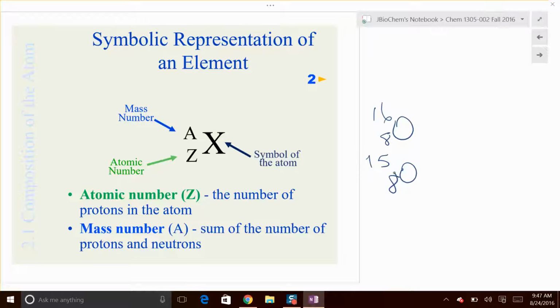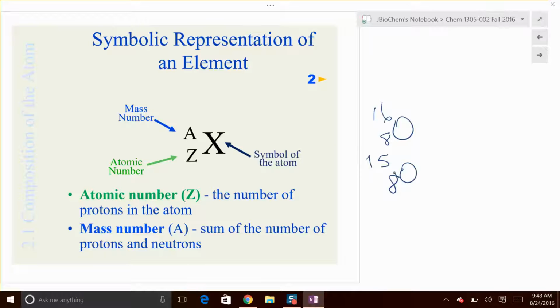I have 7 neutrons and 8 protons. Okay? So you can almost see why they set it up in this fashion. Because it's easy to subtract 8 from 16, find the number of neutrons. 8 from 15, find the number of neutrons. I have 8 neutrons here, I have 7 neutrons here. Okay? The mass of an element is determined by the number of protons and the neutrons.